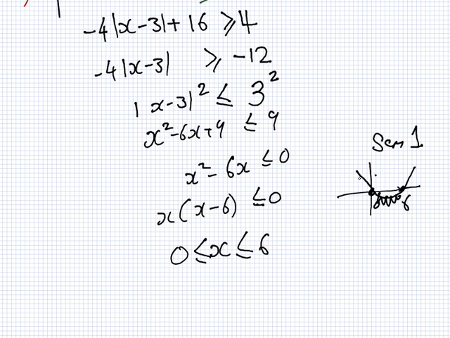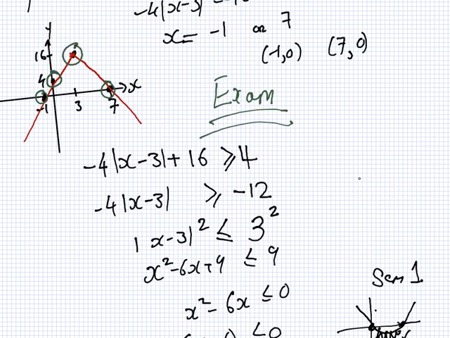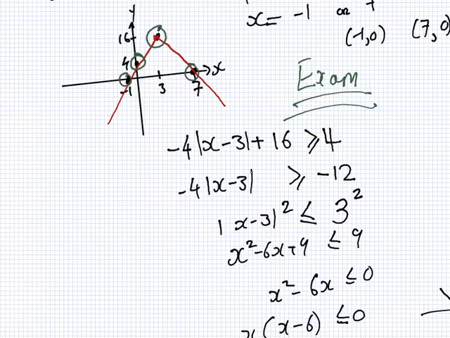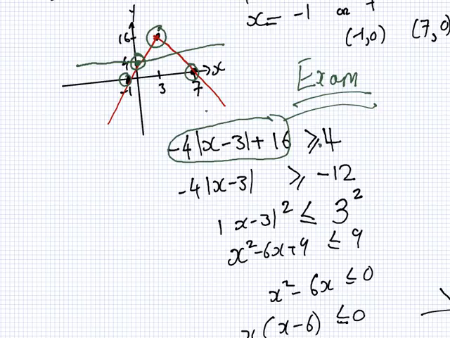Now, another way to do it is you could draw this, and then see when it is bigger than 4. So here's the picture for it, and here's 4. If I draw a line, this will be bigger than 4 between here and here.